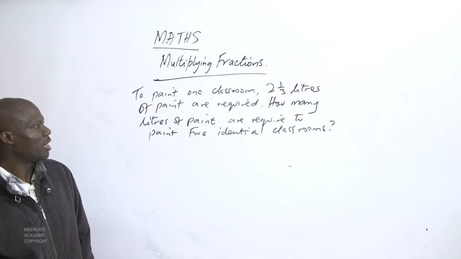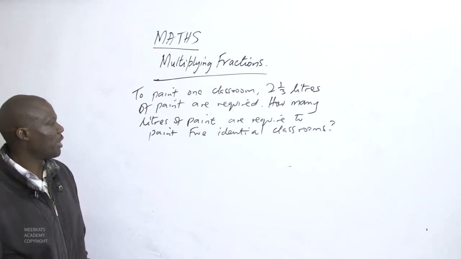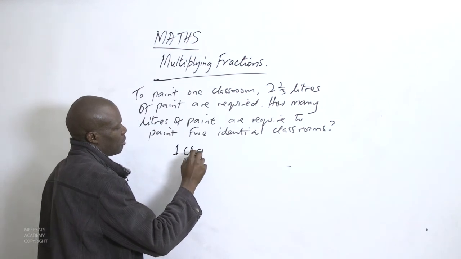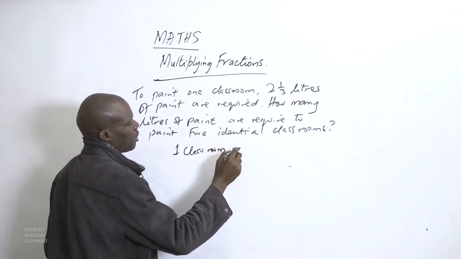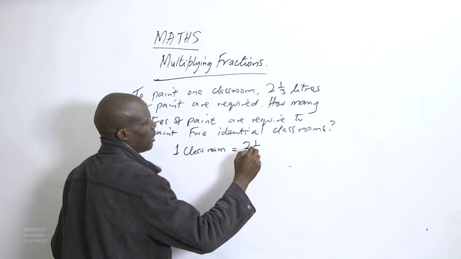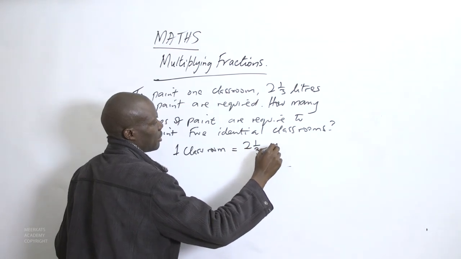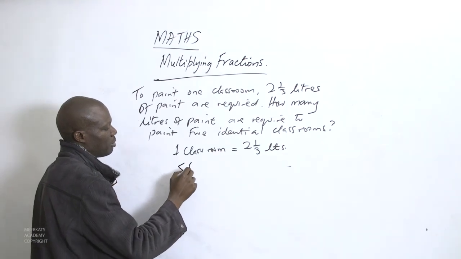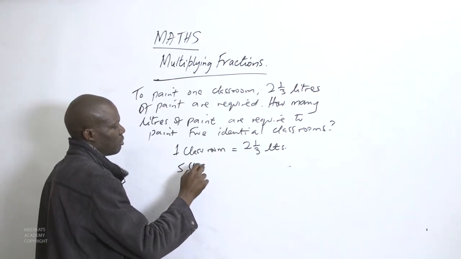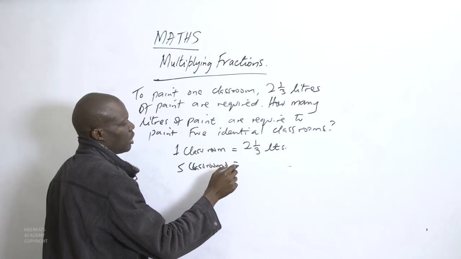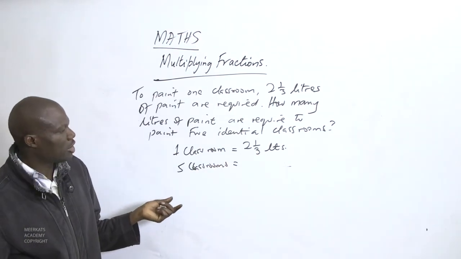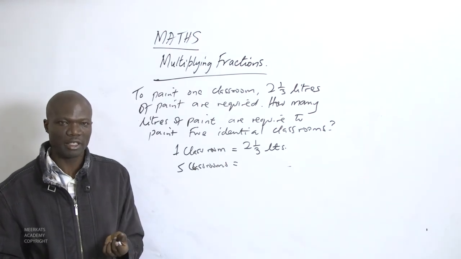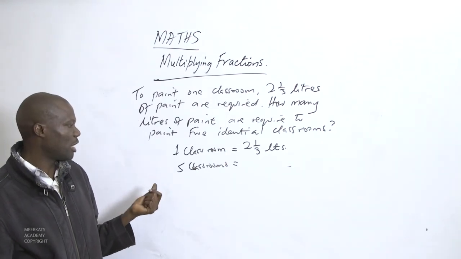So this one, we find that one classroom requires 2 1/3 liters. For 5 classrooms, each classroom will be taking 2 1/3, but we have 5 classes.